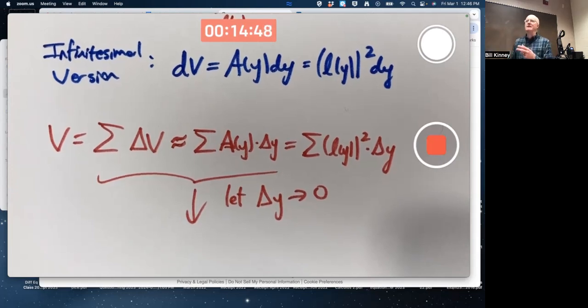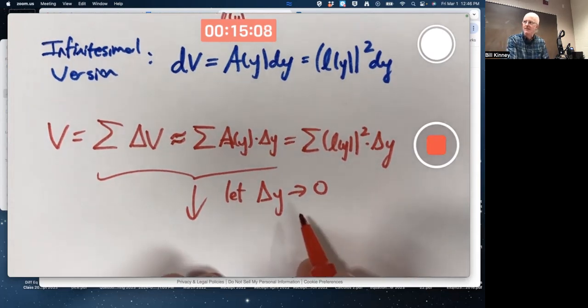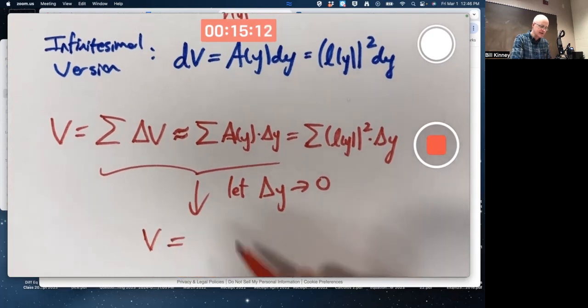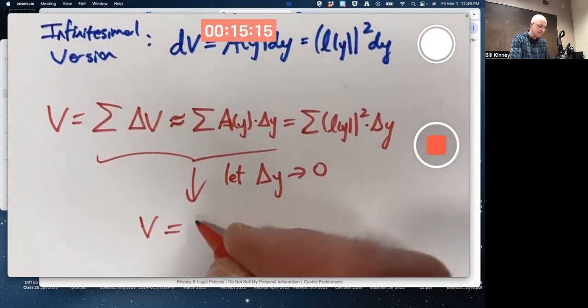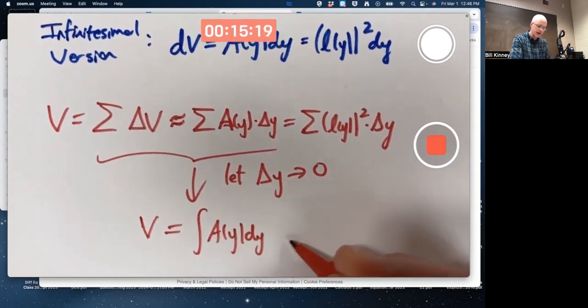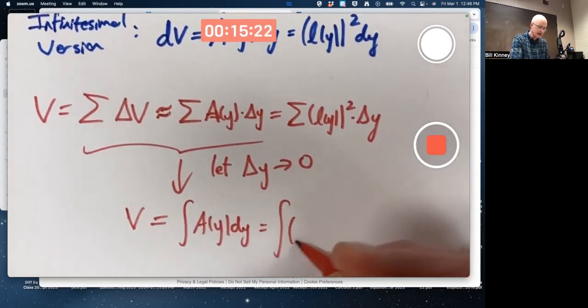Take a limit effectively as delta y goes to 0. Back in chapter 5, when we defined definite integrals, we said they were limits of Riemann sums as n went to infinity. n was the number of rectangles. If all those rectangles, again, have the same width, delta x, letting n go to infinity is the same as letting delta x go to 0. That's effectively what we're doing here. And in the limit as delta y goes to 0, the Riemann sum becomes an integral, which I could write like this, or ultimately like this.